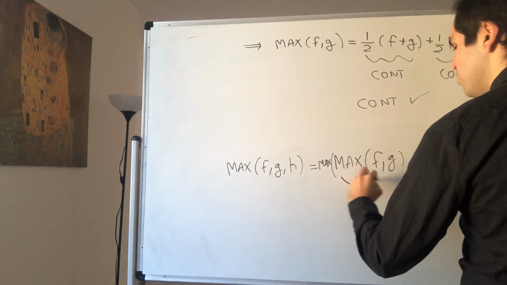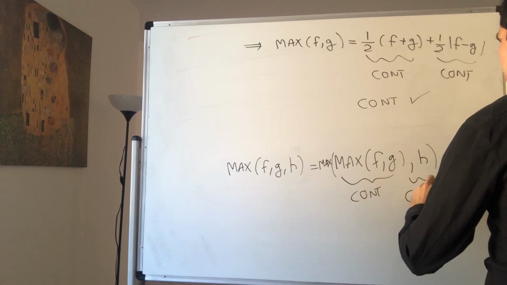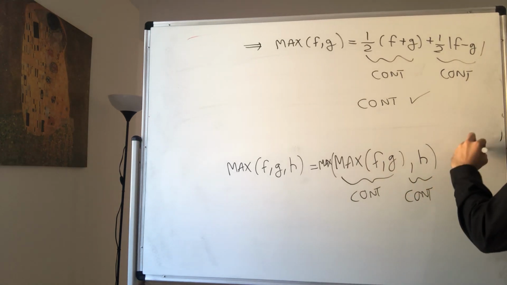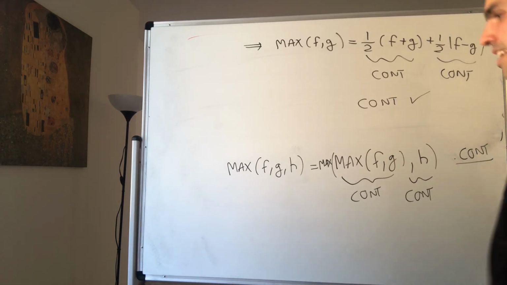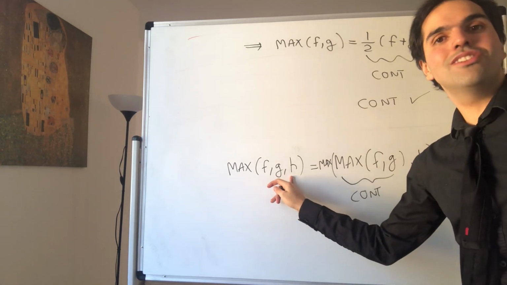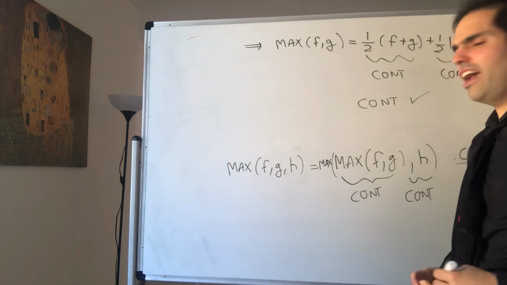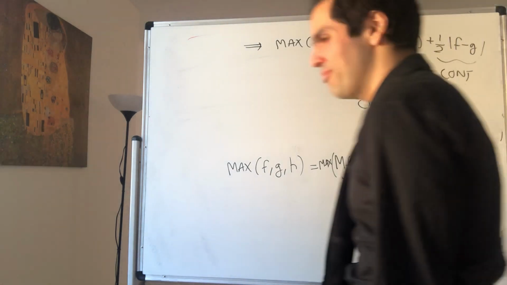And the point is, we've shown this is continuous. This is continuous. So the whole thing is continuous as the maximum of two continuous functions. So therefore, for a finite number of functions, the maximum is continuous. I believe for infinite numbers it might not be true, because all hell breaks loose.